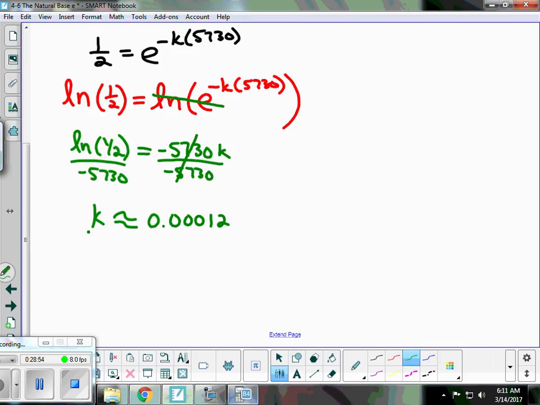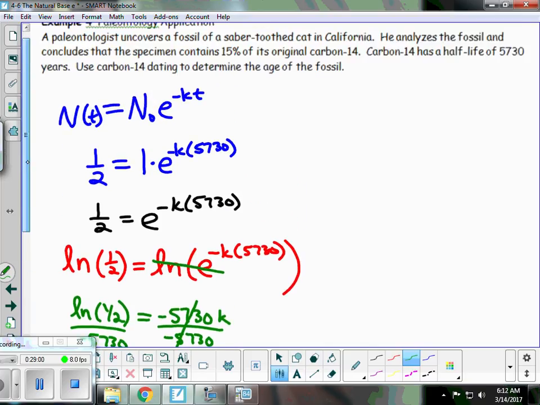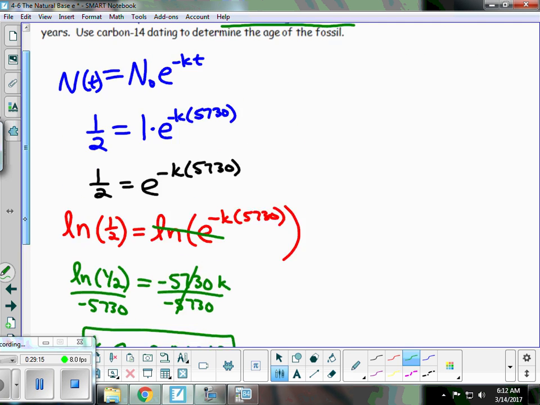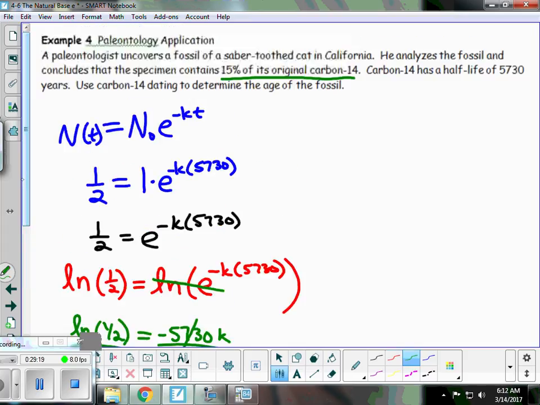Now that's going to be good. Now we want to know the specimen contains 15% of its original carbon-14, and we want to know the age of this fossil. Now we want to solve for T. We have the K, 0.00012. Therefore, we're going to do another version of this formula.